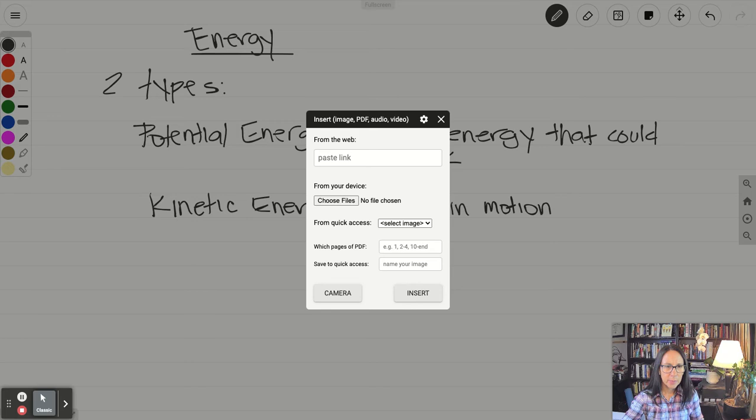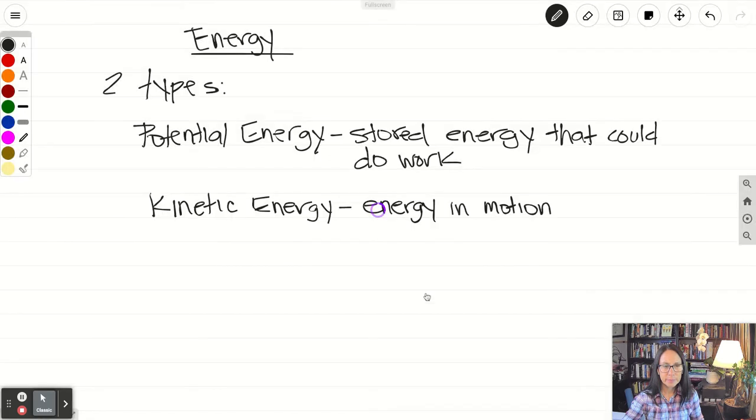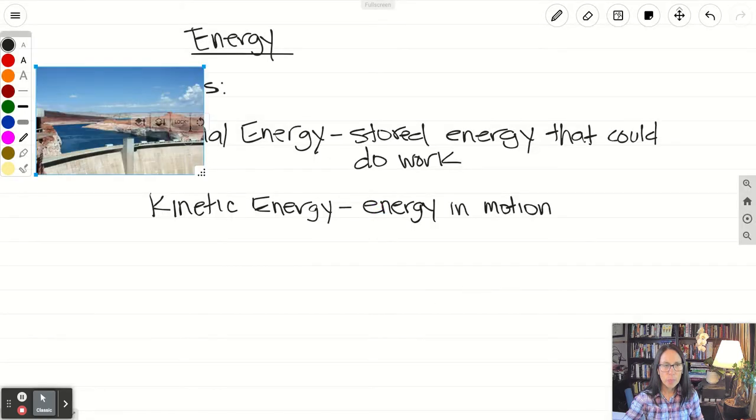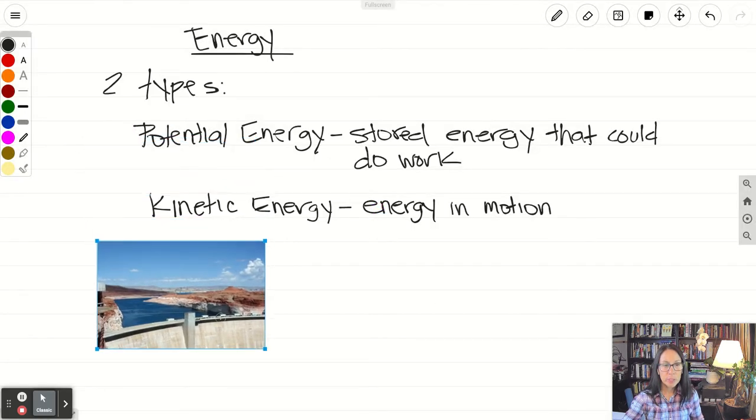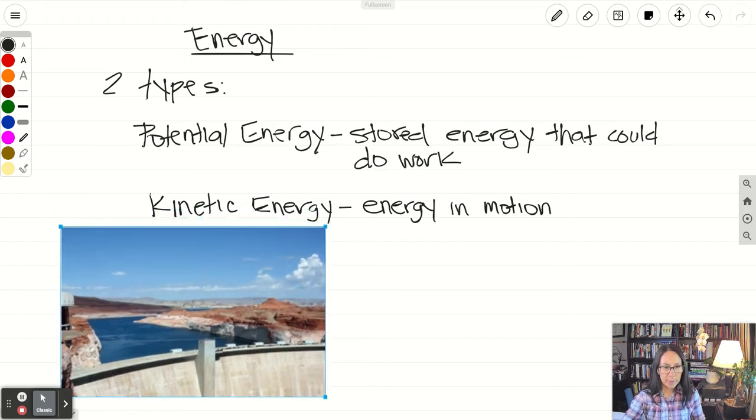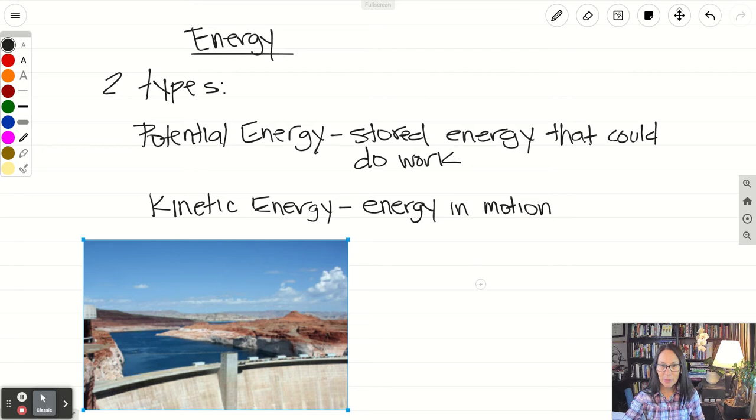Hang on, I'm looking for my pictures. Here it is. What type of energy is this? This is a picture of a dam, and this is a man-made dam. There are some animals that make dams like beavers, but this is a man-made dam, and it's holding the water.